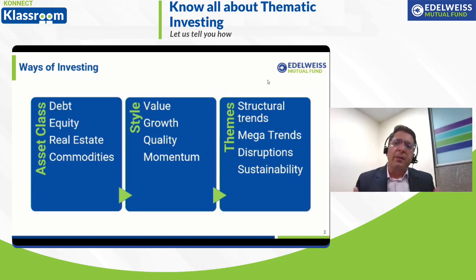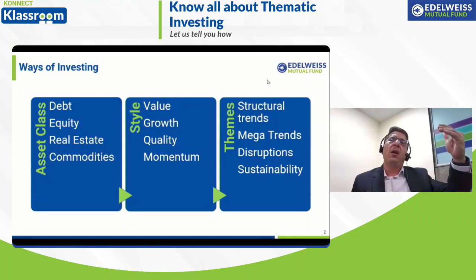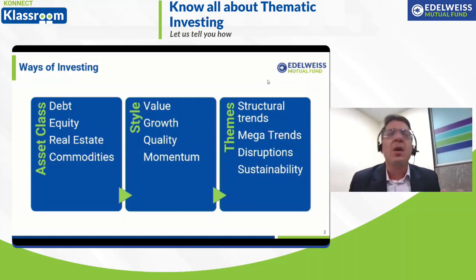Then there is quality. Quality predominantly is you defining a quality parameter, and this is the type of quality portfolio that I want. And basis those quality parameters, you filter out securities and create a portfolio around it. And then there is momentum in terms of style. Momentum is basically a style wherein you're riding the price wave that the security is running through.